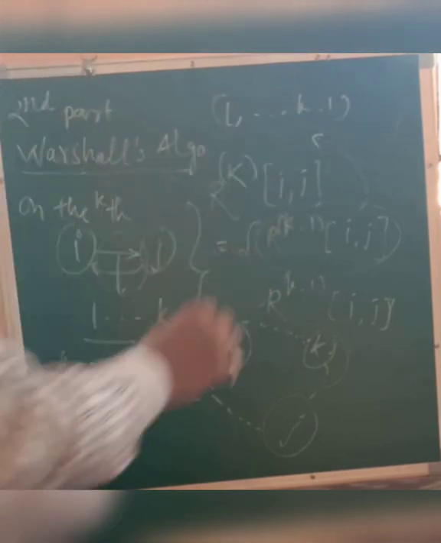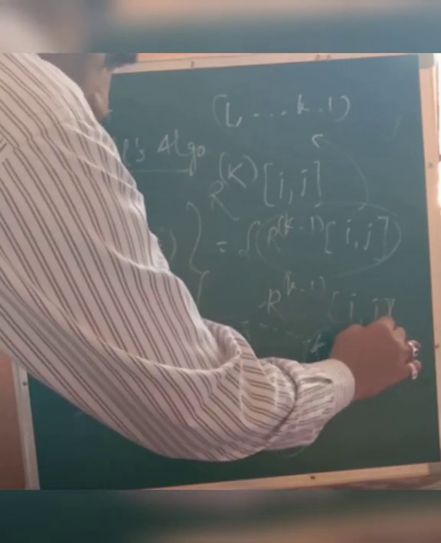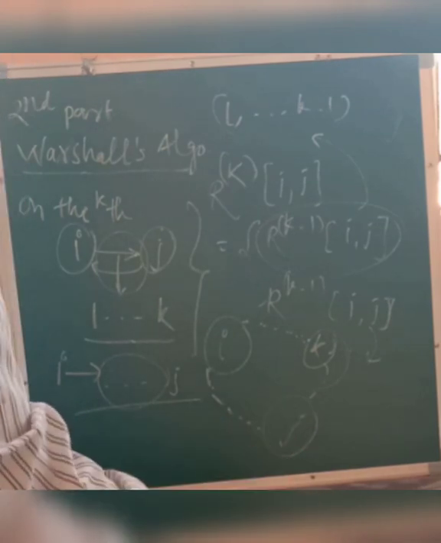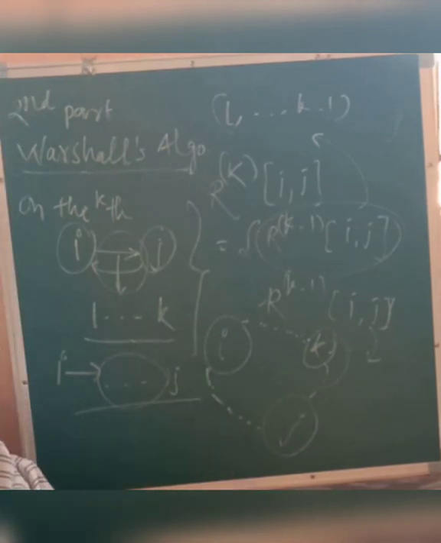And for the second alternative, the path is from I to k and k to J, using just 1 to k minus 1. So the path from I to k and k to J is also there.